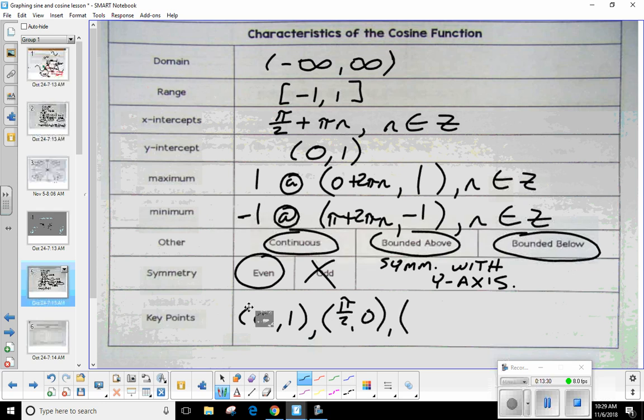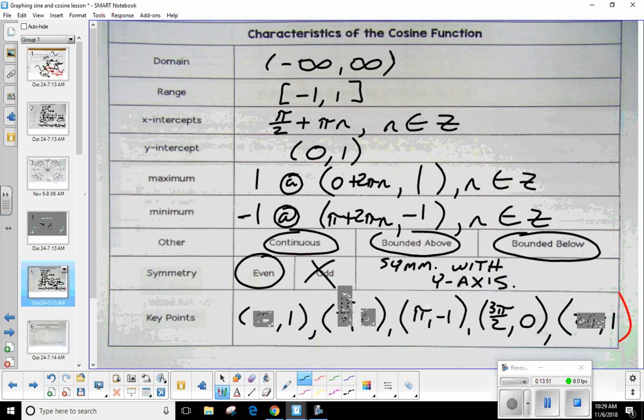Then we have our first minimum, which is going to be at (pi, negative 1). Then we're back up to the x-axis, but where? Now, it definitely will be 0, but what x does that occur at? 3 pi over 2. And then we finish up with the maximum, 2 pi. There we go.